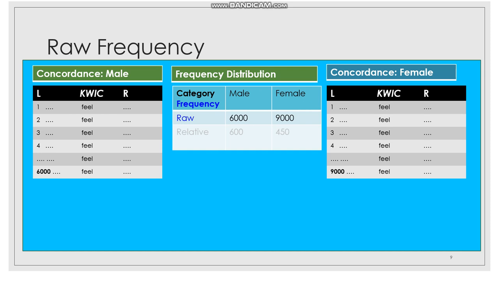The raw frequency tells you how many times the token feel occurs and is distributed, regardless of the size of the subcorpus we are considering. You can verify this by counting concordance lines, and you will find 6,000 lines and 9,000 lines in each subcorpus.